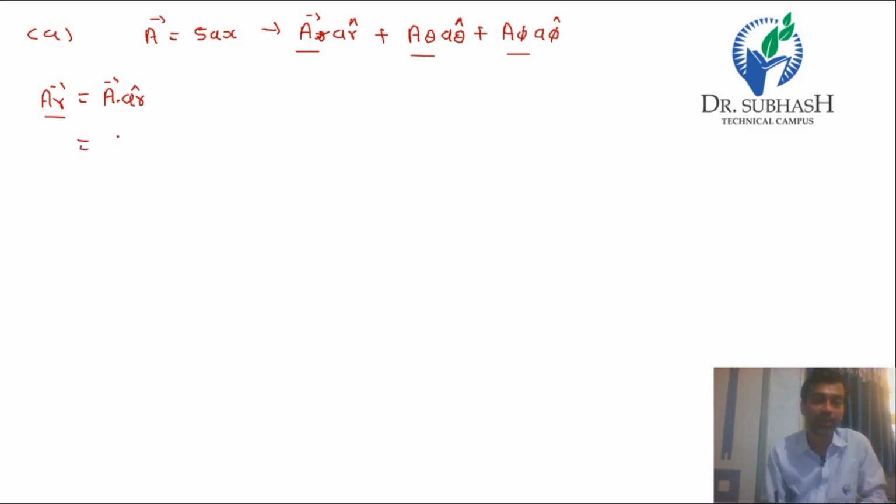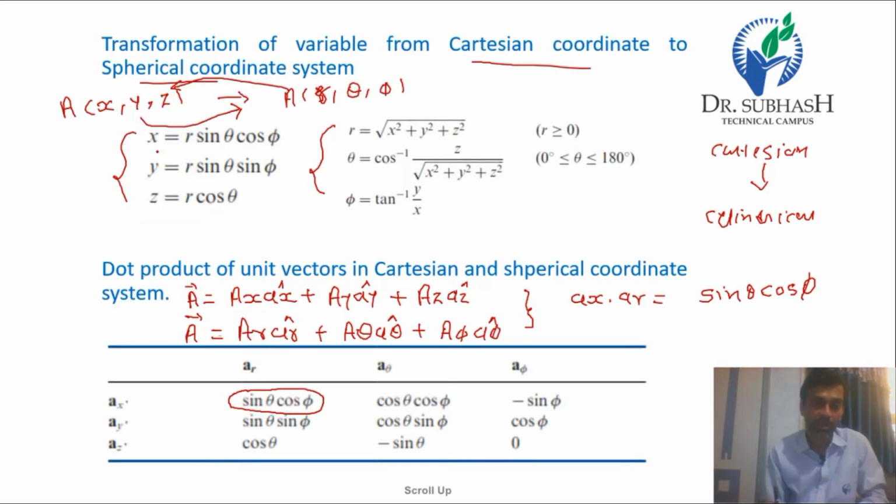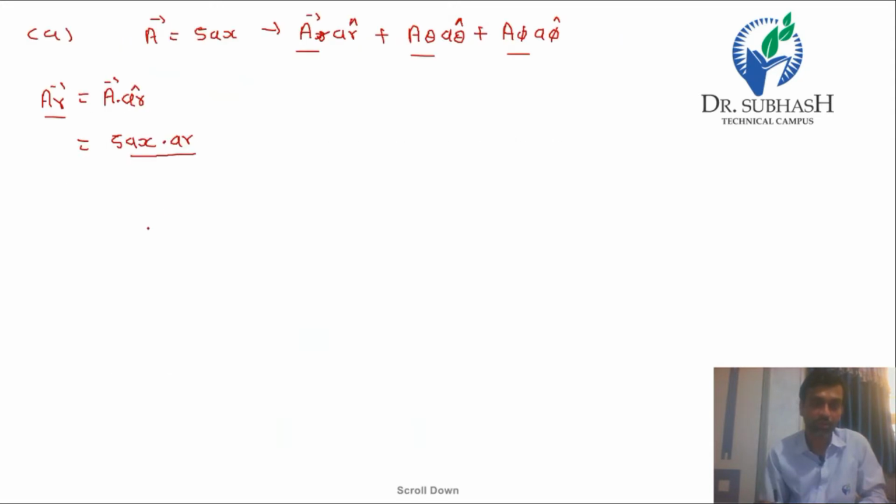So Ar is the vector 5 ax dot ar. Now here we use the transformation table: ax dot ar means sin theta cos phi. So putting in the value, Ar is equal to 5 sin theta cos phi.